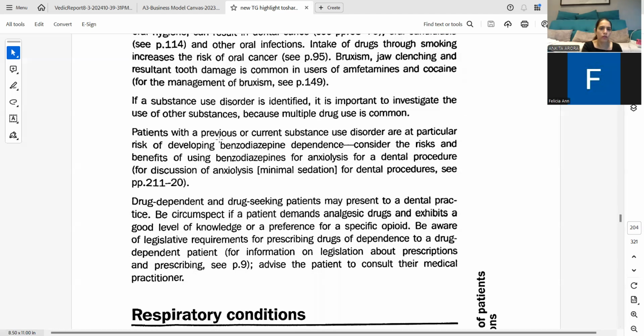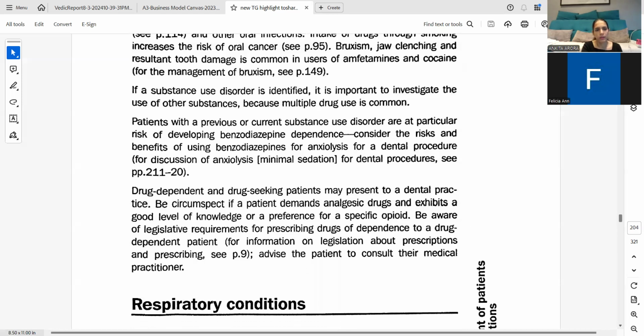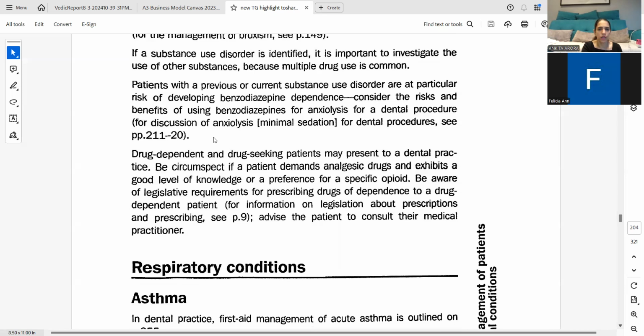Consider the risk or benefit of using benzodiazepines for anxiolysis for dental procedures with them. There will be a separate section discussing drugs of anxiolysis, of which the most commonly prescribed are benzodiazepines. But those who are already tolerant to illicit drugs, for them that basic level of pharmacological benzodiazepines won't work.